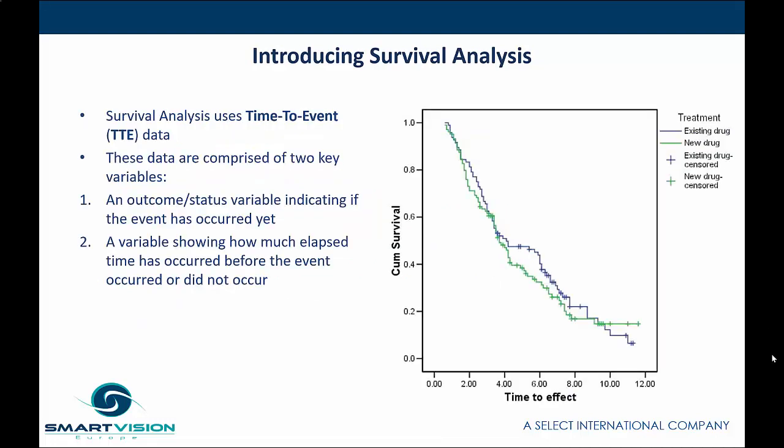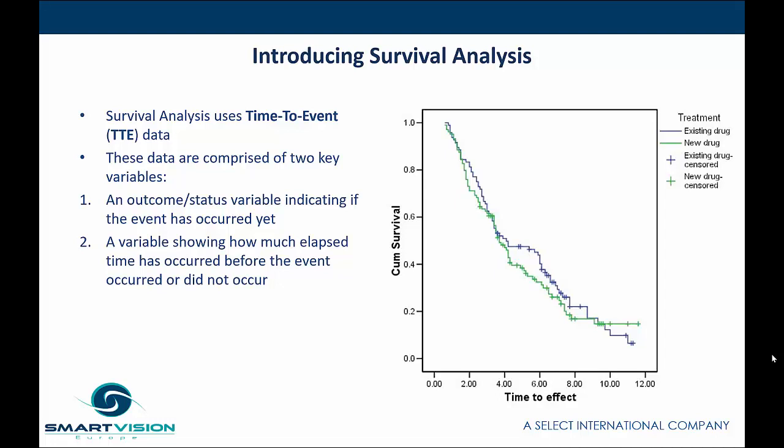The kind of data that works with survival analysis is usually called time to event data. And these are data sets that are comprised of two key variables. The first variable is a categorical variable which simply records the outcome of the event in question. So it indicates whether or not the event has occurred yet, whether or not the patient is still alive, or whether or not they've died, or whether or not they're still a customer or they've cancelled their subscription.